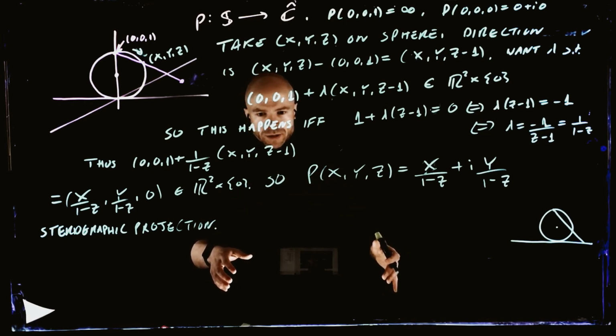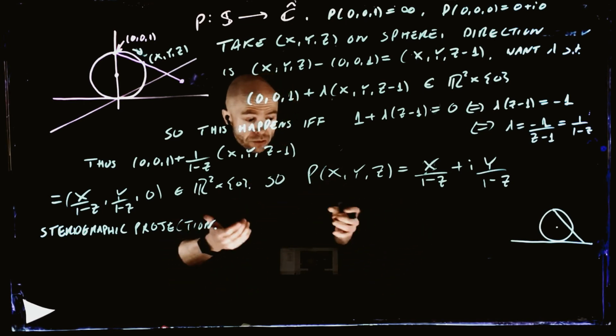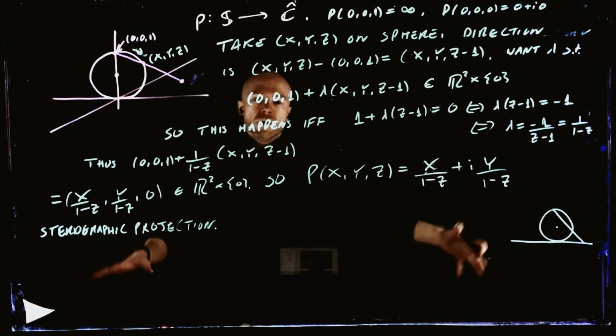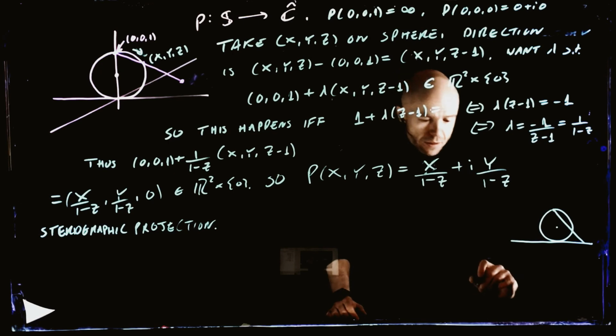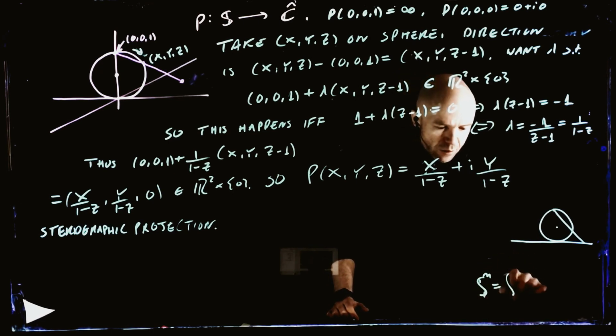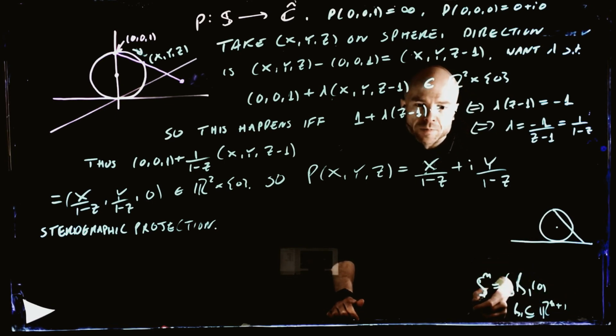And indeed, you can create a mapping from n-space onto the sphere. In fact, we denote the sphere by S^n. That's the boundary of the ball of radius 1, where the ball is contained within R^(n+1). And we write S^n because it's an n-dimensional thing.